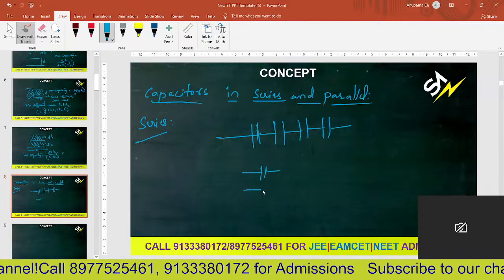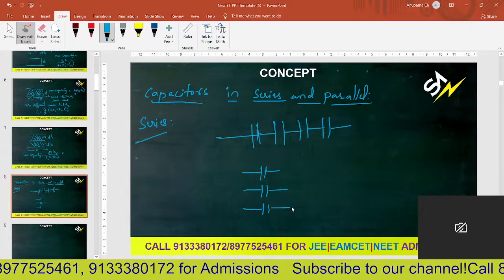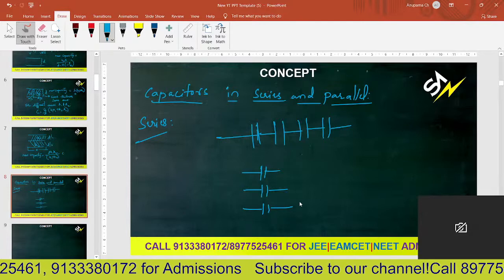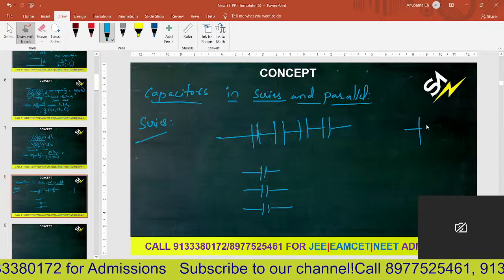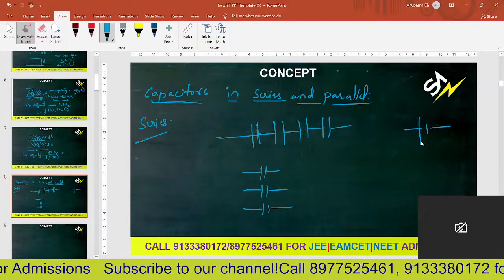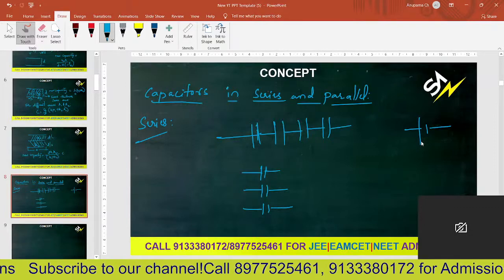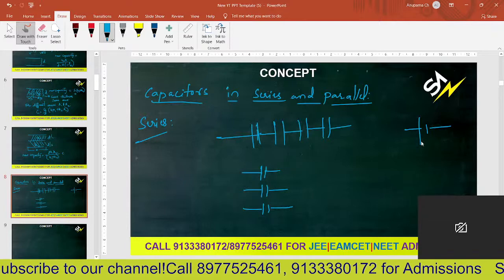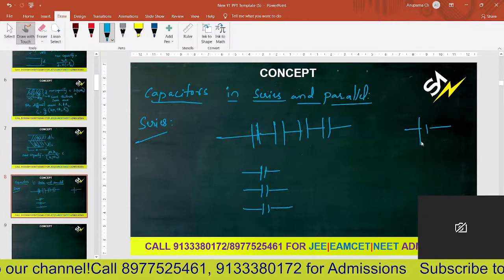I am just drawing the symbol for a battery. I think you know the difference, right? In a battery, we have one positive terminal and one negative terminal. The bigger line indicates the positive terminal and the smaller line indicates the negative terminal, isn't it? But in capacitors, it is two parallel lines which are equal in size.